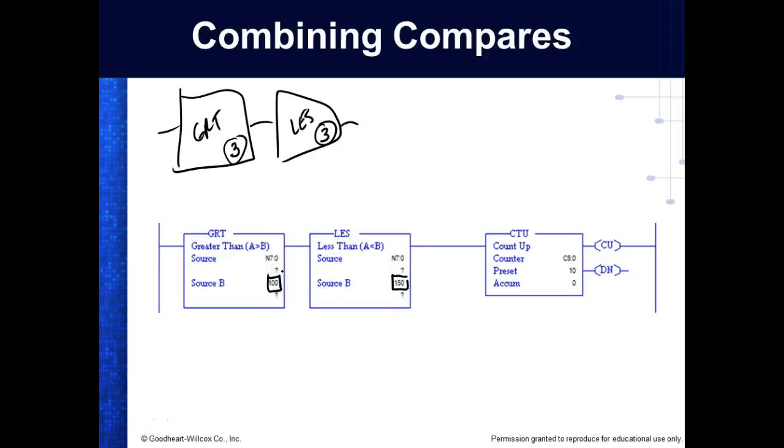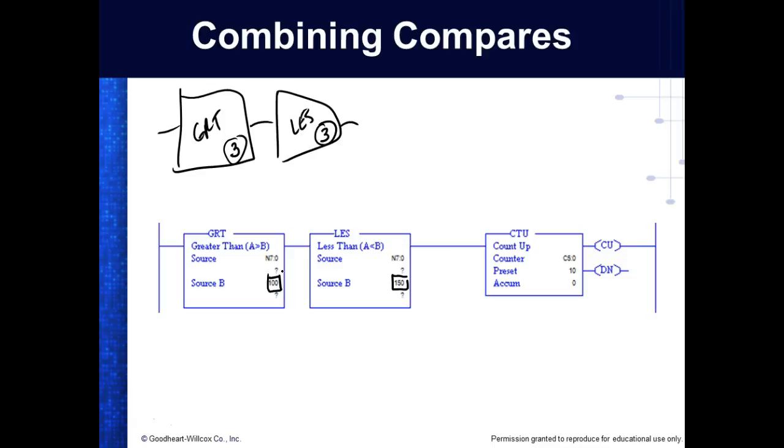So is it not a function that you can do the range in itself? You have to use two different ones for this PLC. I'm not sure about the Siemens PLC if they've got one that combines it. But this makes sense because the more instructions they make available, the more you have to learn. We have very few compare instructions, but we combine them, either putting them in series or in parallel.